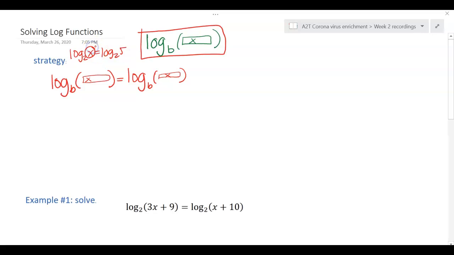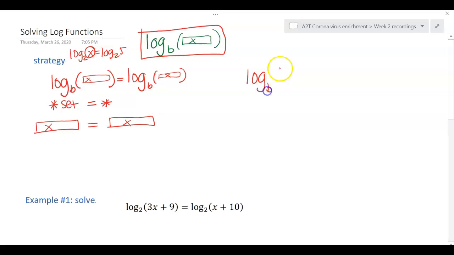This would have to be a 5 for them to be equal. So in this case, we're just going to set things equal. We're going to take those values inside that logarithm and they can be set equal. We didn't cancel out the log or anything like that. We just used logic that that's the only way they could be equivalent, and then we could solve that simpler equation.